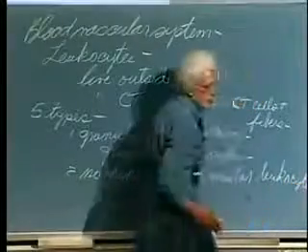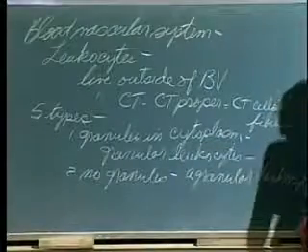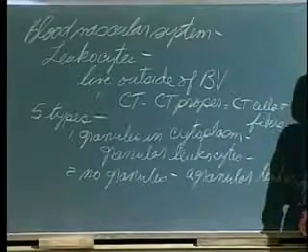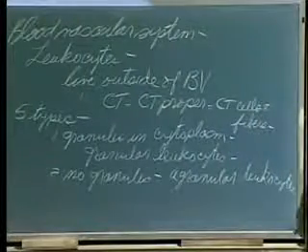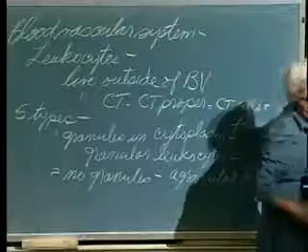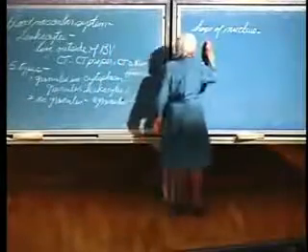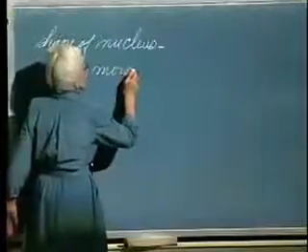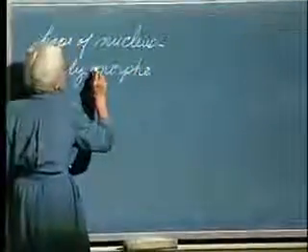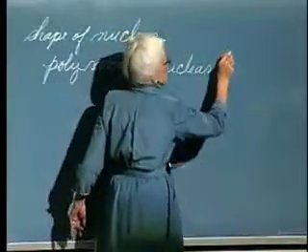But we can also type leukocytes according to the shape of the nucleus. And they're called polymorphonuclear leukocytes. Polymorpho, all one word, nuclear leukocytes.